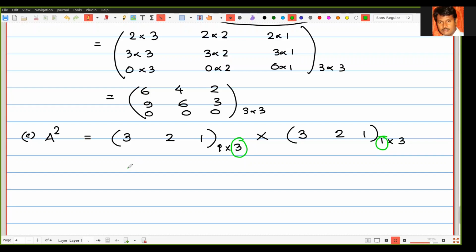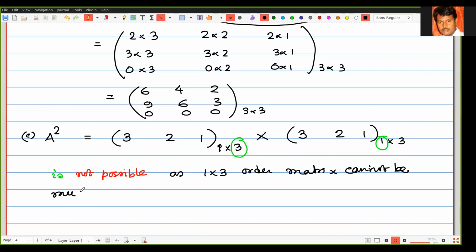So that is not possible for the multiplication of matrices, as a 1 cross 3 order matrix cannot be multiplied with a 1 cross 3 matrix of the same order. Let's proceed with the next problem.